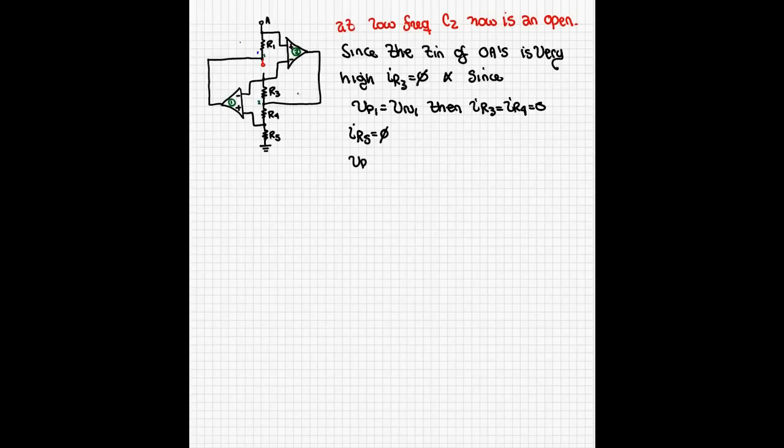So VP2 equal to VN2 equal to VA, which is equal to 0.